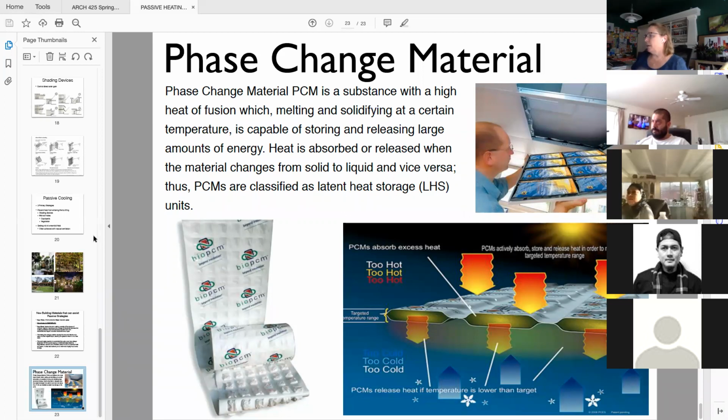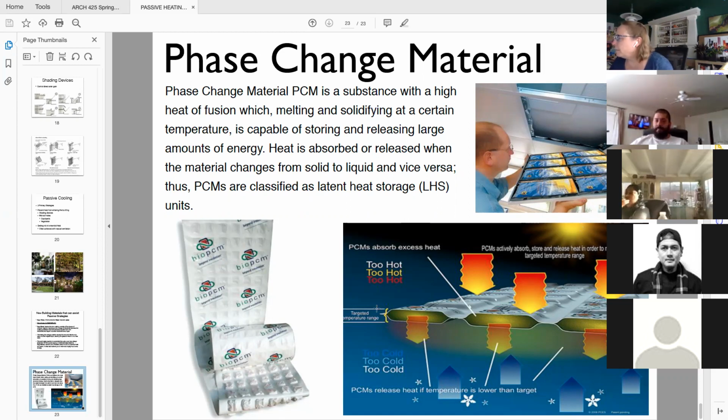It is a substance that melts, or not freeze, but becomes solid at different temperatures. It can absorb heat and then re-release the heat. They're used a lot in ceilings or in roof systems. In this picture, this guy looks like he's putting some up into a T-bar ceiling grid.